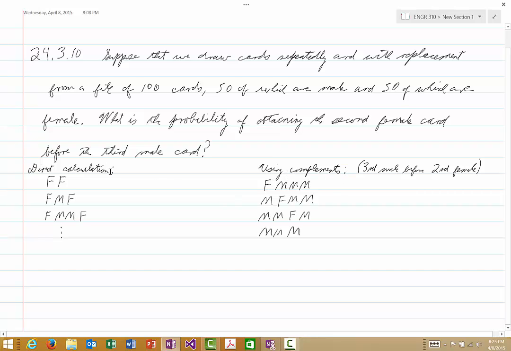But as a way of getting more practice, I suggest that we do both. So I'll encourage you to stop the video now and try to complete this list and calculate both probabilities, make sure they're the same, and then we'll look at this together.